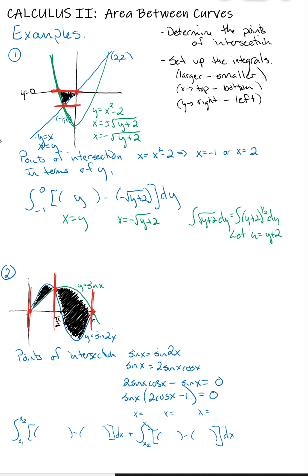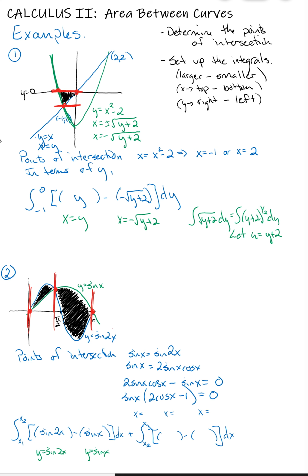Again, if we look at the top minus the bottom in this first interval, the top is y equal to sine of 2x. The bottom is y equal to sine x. So we don't need the y part, just the x part: sine 2x minus sine of x.